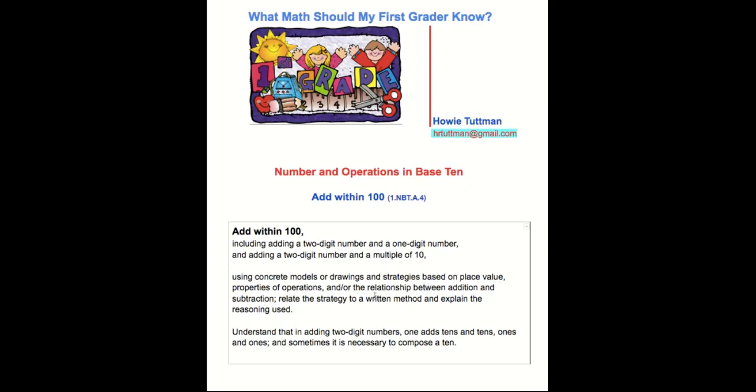Relate the strategy to a written method and explain the reasoning used. Understand that in adding two-digit numbers, one adds tens and tens, ones and ones, and sometimes it is necessary to compose a 10.